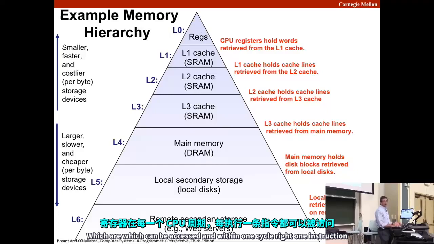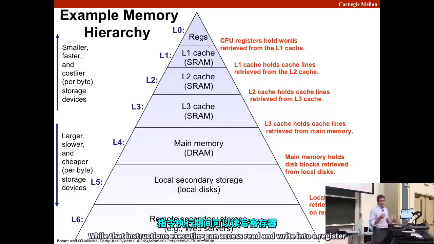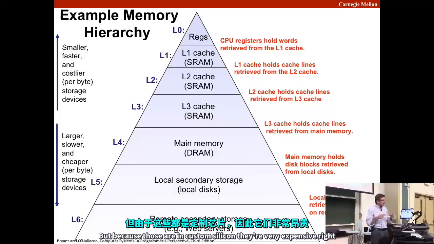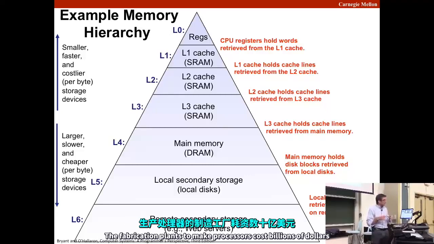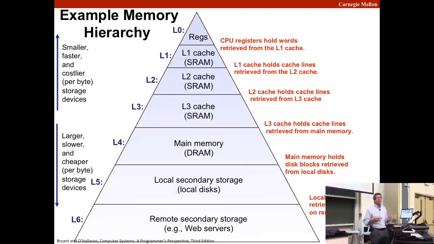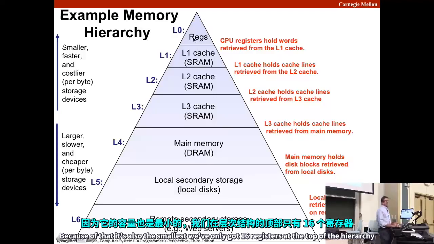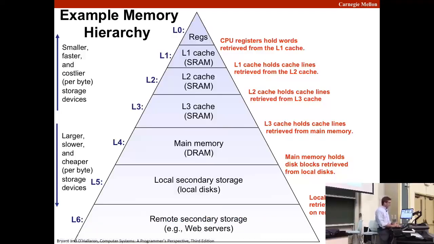While an instruction is executing, it can read and write a register. But because those are in custom silicon, they're very expensive. The fabrication plants to make processors cost billions of dollars. So this is the most expensive, and because of that, it's also the smallest. We've only got 16 registers at the top of the hierarchy.